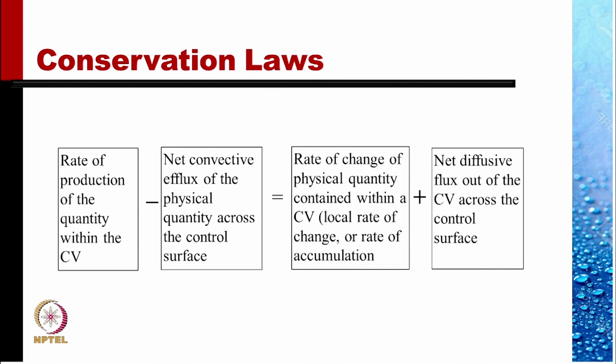While the diffusive flux, which is the second quantity on the right, is a quantity that crosses the control surface, not in association with the mass, but because of something like temperature difference. The energy may be lost because of temperature difference. Diffusive loss. Mass is not lost diffusively. Momentum is not lost diffusively, but the energy is lost diffusively.